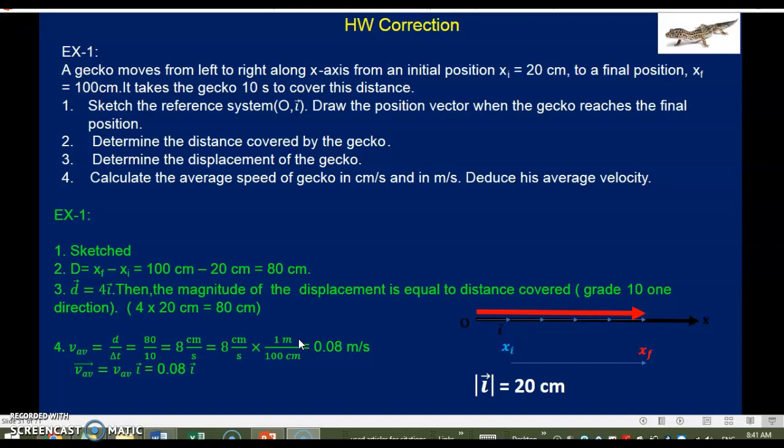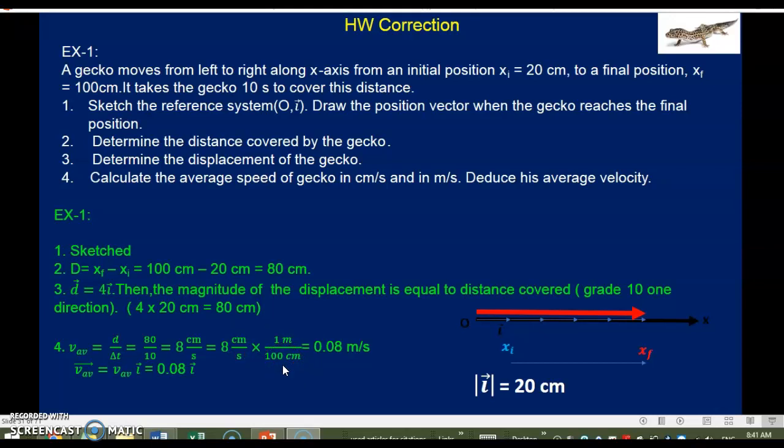Comparing meter and centimeter, meter is greater, so we write 1 beside meter, and 1 meter is equivalent to 100 centimeter. Now we simplify the unit, centimeter cancels with centimeter, so we're left with meter per second. 8 over 100 is 0.08 meter per second.